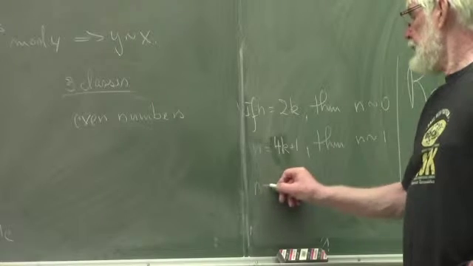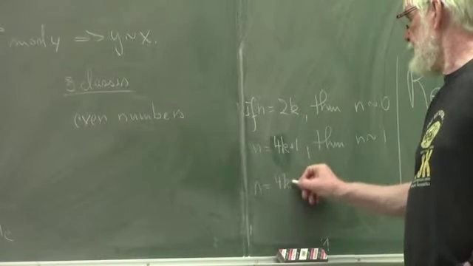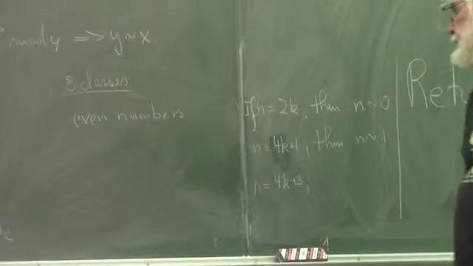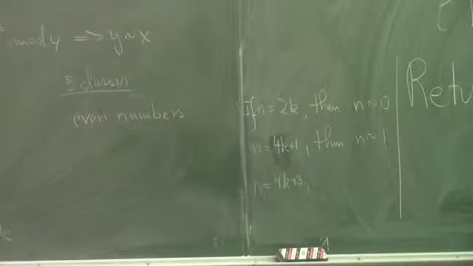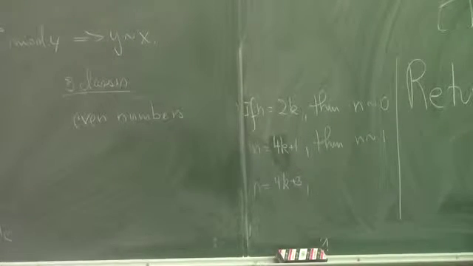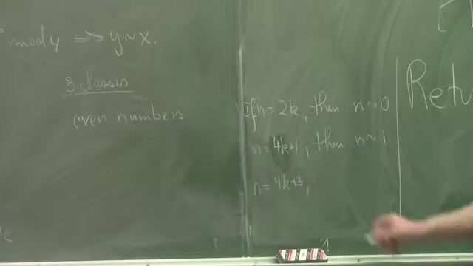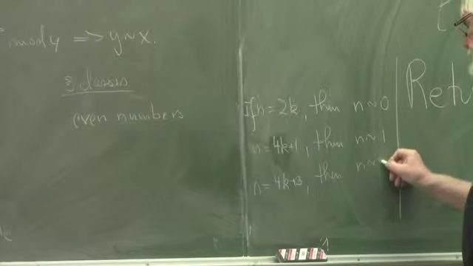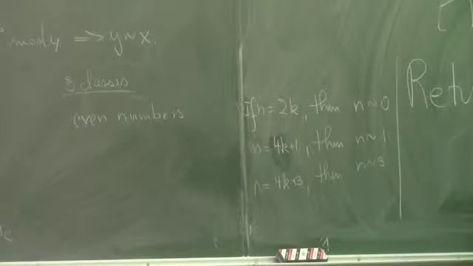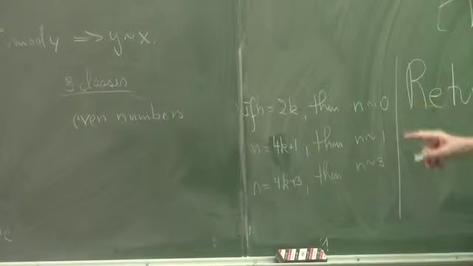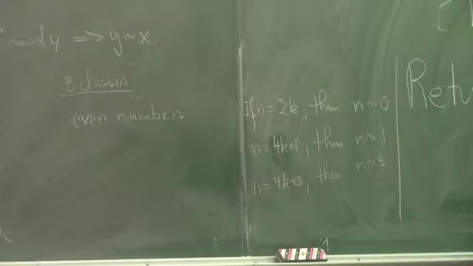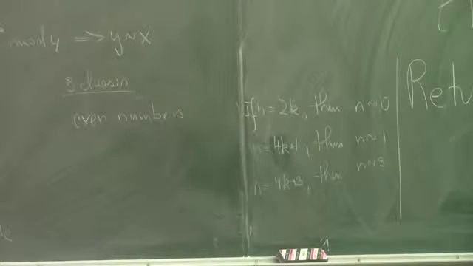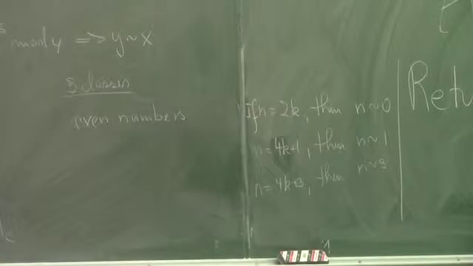And if n is 4k plus 3, then n is equivalent to 3, right? What about 2? Does that count as even? Yeah. If you have 4k plus 2, it's even, right? And then that's it, because plus 4 will give you the 0.